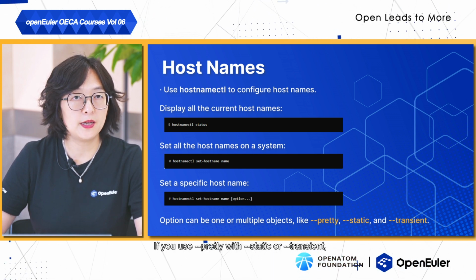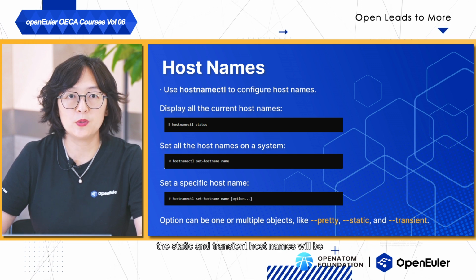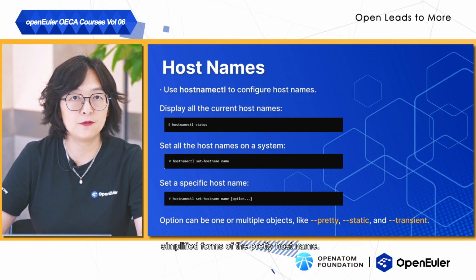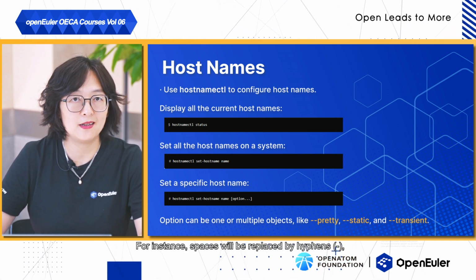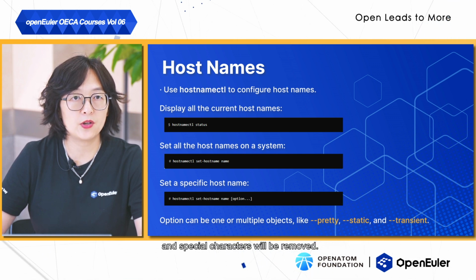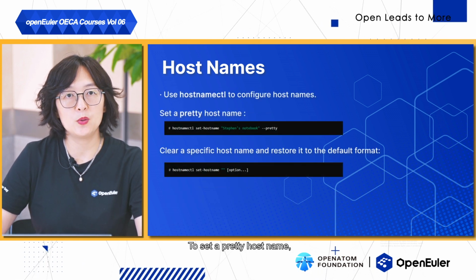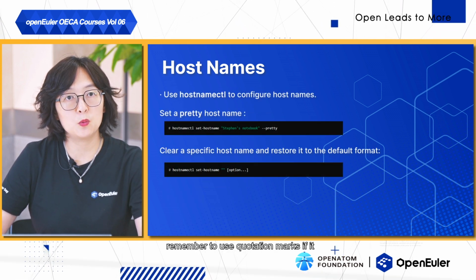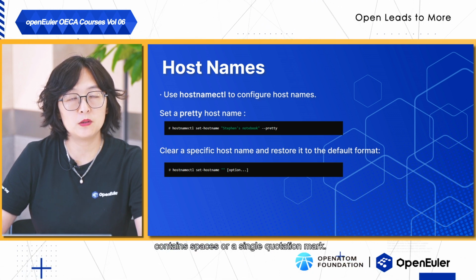If you use pretty with the static or transient, the static and transient host names will be simplified forms of the pretty host name. For instance, spaces will be replaced by hyphens, and special characters will be removed.